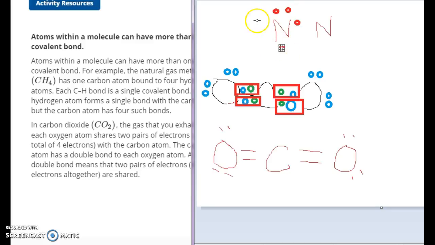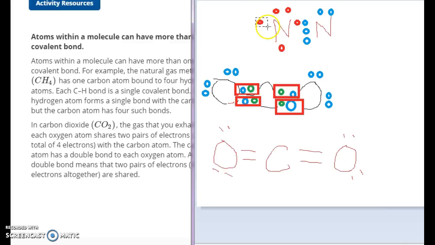And I would draw them all around like this. And it's going to share with its neighboring nitrogen. And it's going to share enough so that they both have a full outer shell. So normally I would draw the other two electrons here and here, but I'm going to save myself a little bit of time. And I'm just going to draw them in here.